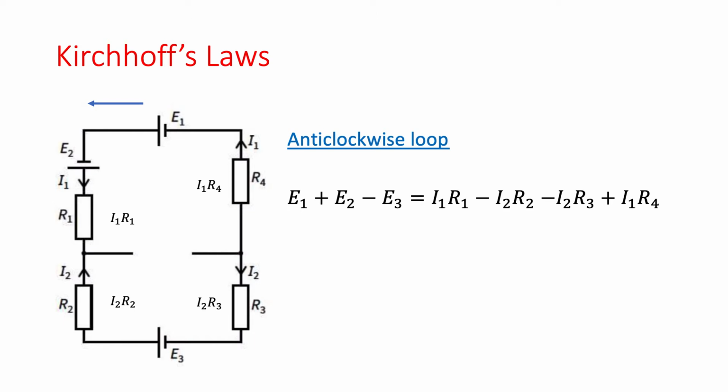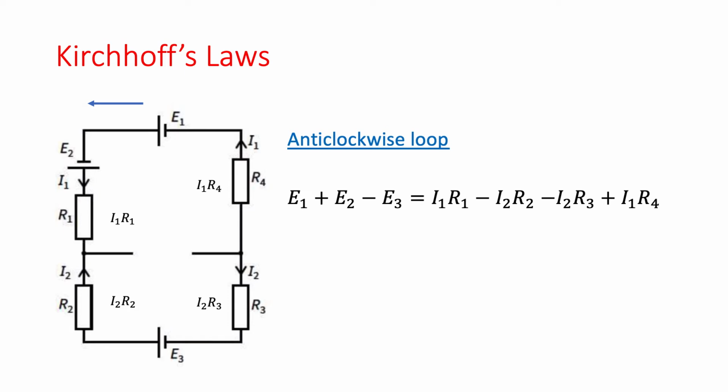However, as I go through R2, I'm going in the opposite direction to I2, and so I2 is written as a negative number. Similarly, for I2 going through R3, I'm going up, I2 is going down, and so it is also written as negative. Thankfully, as I go back up to R4, I'm going in the same direction as I1, and therefore it's a positive number, and I'm back at my E1 again.